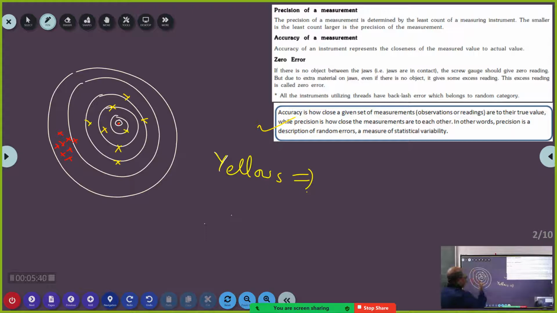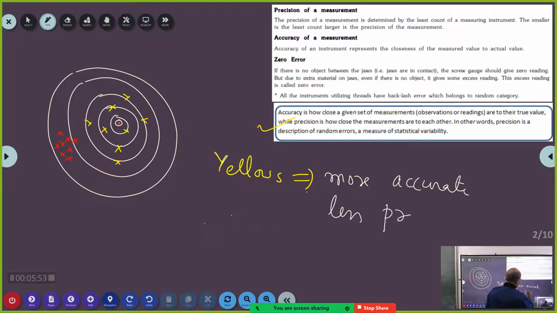It means these values are more accurate. That is, this darting here is more accurate, but less precise. Agreed? Whereas if you see these, they are forming a close cluster, so they are more precise.